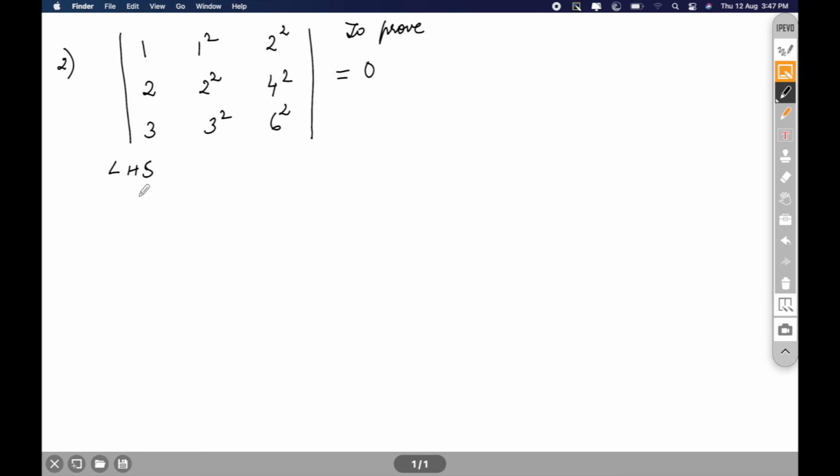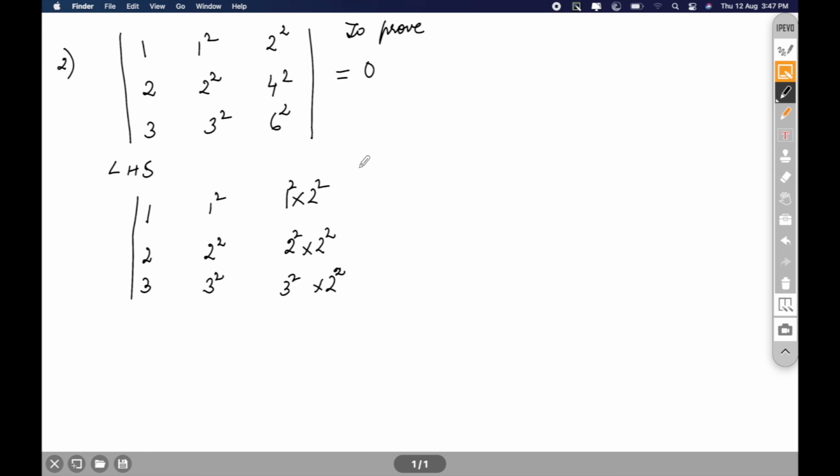Here I can see factors of 6 are 2 and 3. So 6 can be written in terms of 2 and 3, right? 4 can be written in terms of 2. So I'm writing them as 1 square, 2 square, 3 square, and over here 1 square into 2 square, 4 square means 2 square into 2 square, 6 square means 3 square into 2 square.